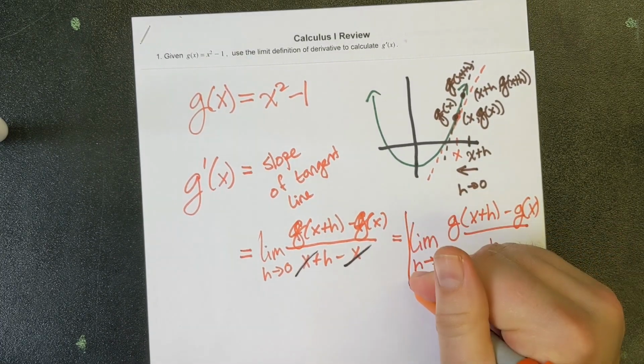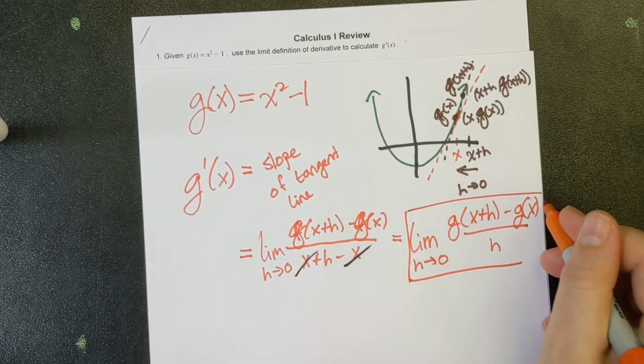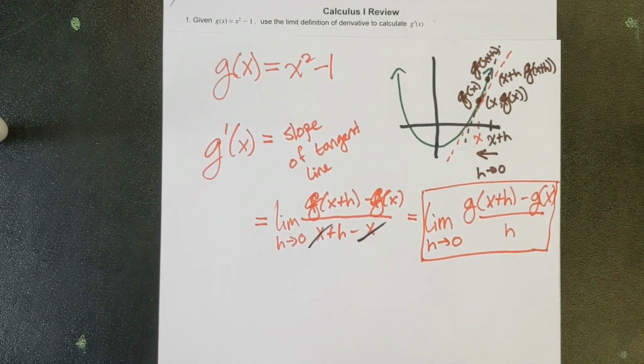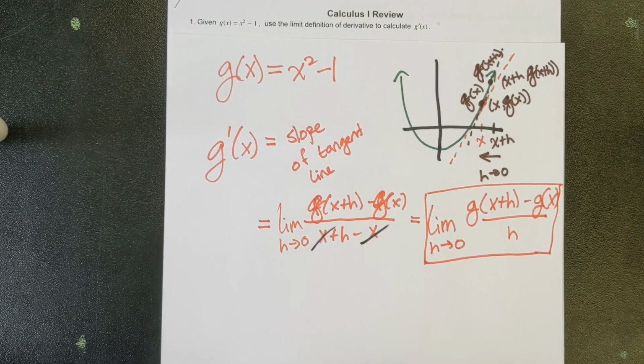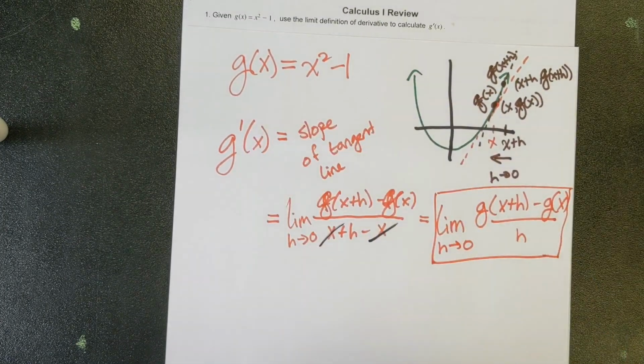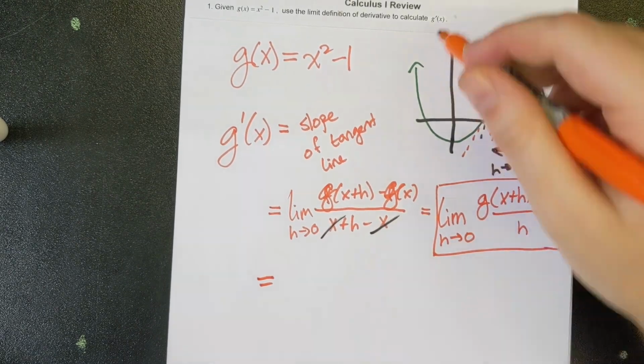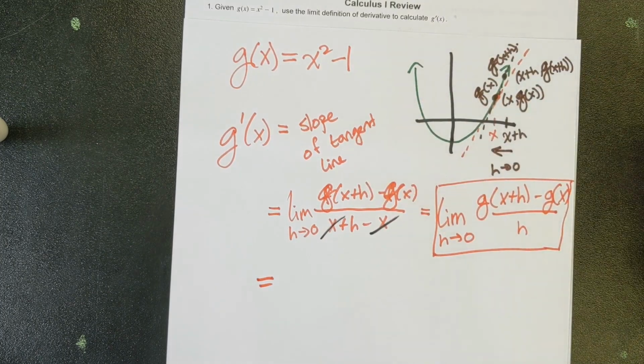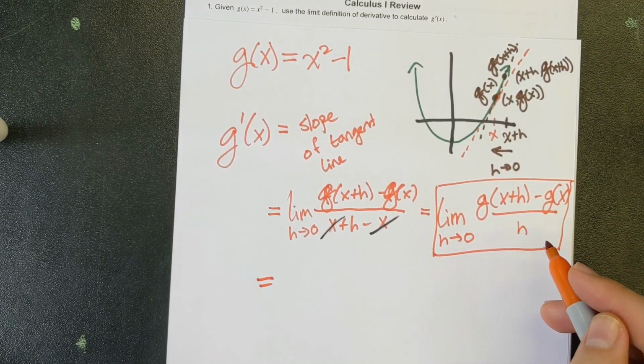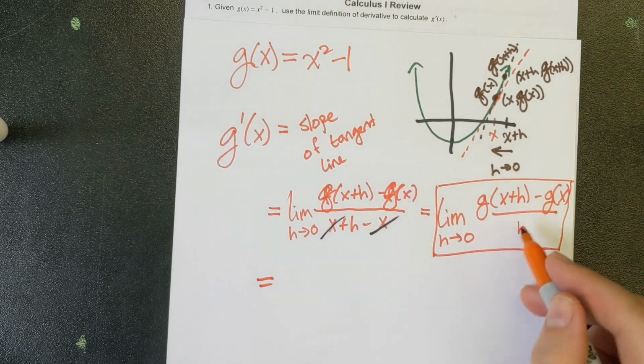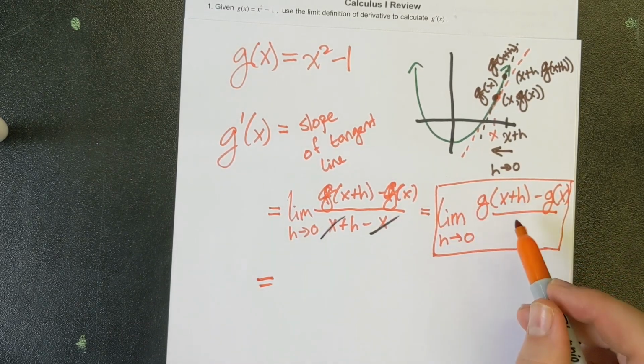So this is the formula that we're going to need to use. So let's do it. Our g of x is x squared minus 1, so we need to plug that into the formula. And you know, that's just justifying the formula. On an exam, of course, you can just use this formula. Hopefully this story reminds you of why this formula is true, but let's just use it.